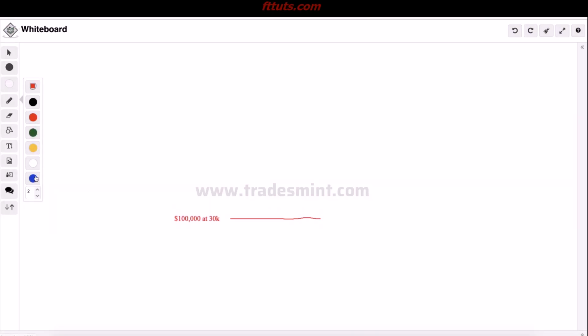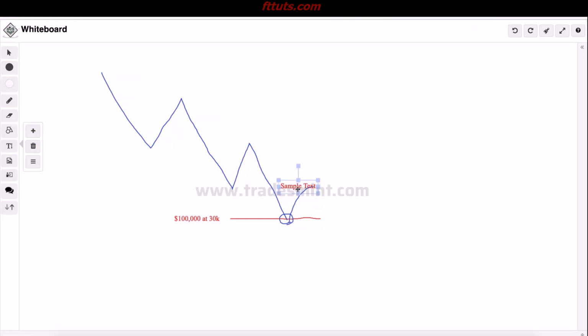The only way that limit long order can get filled is if, let's say price is in a downtrend, right? The only way that limit long order will be able to get filled is if somebody places a market short order right here. So if somebody markets in right here for $100,000 at 30K, this is a short, okay?